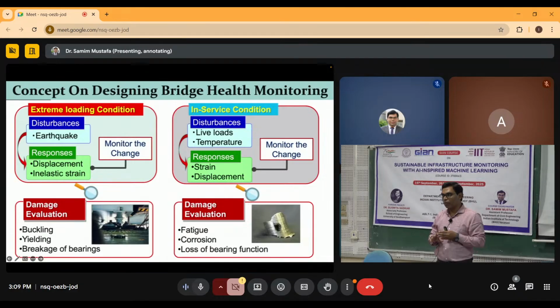Otherwise, if it is not permitted, what will happen? Because of the earthquake there is an accumulation of stress, and then probably there will be some major damage, even if you design for larger bridge components or structural components. So the thing is that during an earthquake we need to monitor the displacement and inelastic strain.